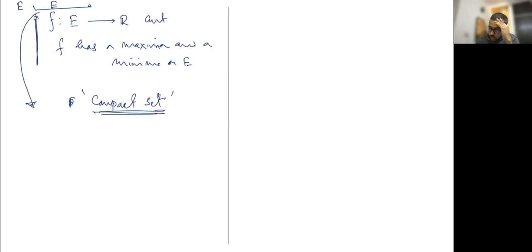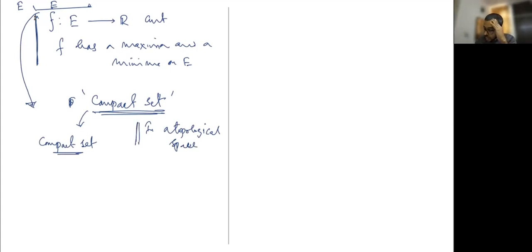Okay. Now, compact set, how are they defined? In a topological space, that is, if you recall, a set equipped with a collection of subsets satisfying some properties, closed under arbitrary union and finite intersection, etc., and contains the empty set and the entire set.